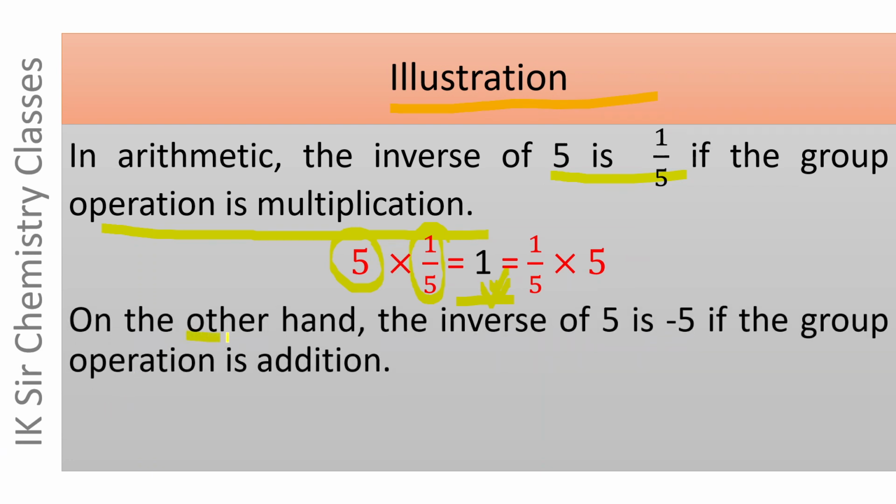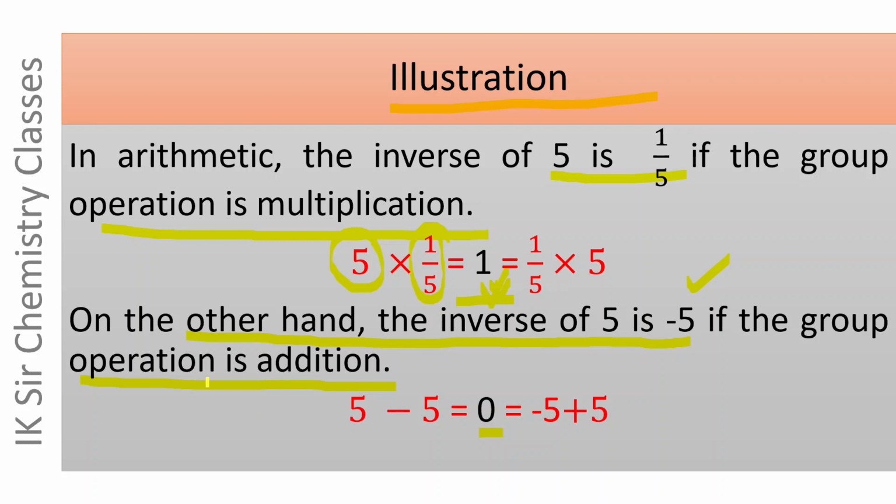On the other hand, the inverse of 5 is minus 5. In arithmetic, the inverse of 5 is minus 5 if the law of combination is addition. For example, 5 minus 5 is equal to 0.